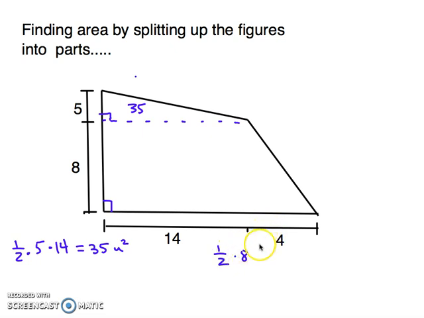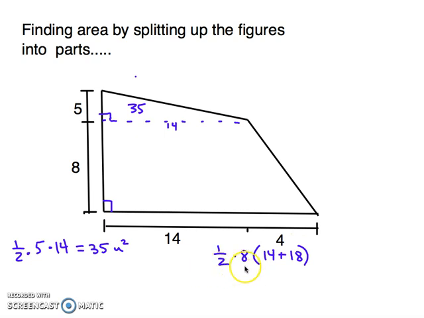And then we have to add together our two bases. This was the height of our triangle, but it's also one of our bases in the trapezoid. So we can say here 14 plus, we need our other base, which is 14 plus 4, so that gives us 18.